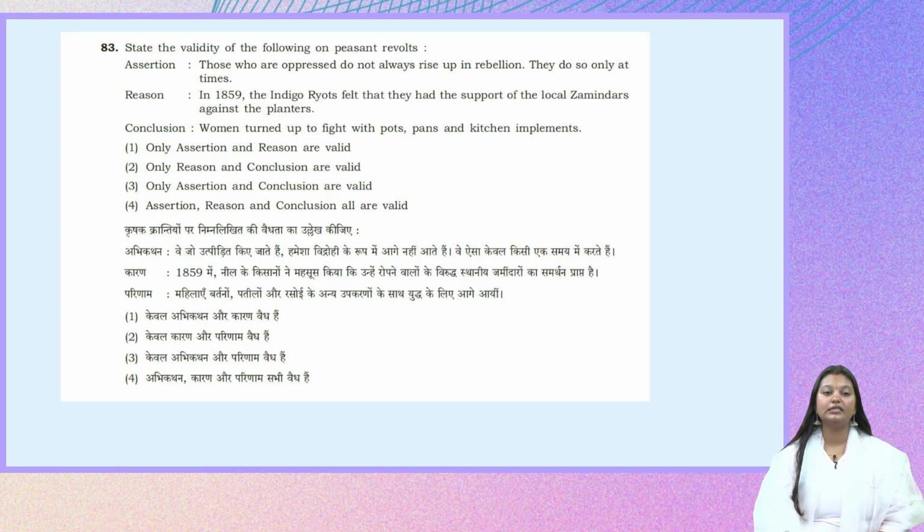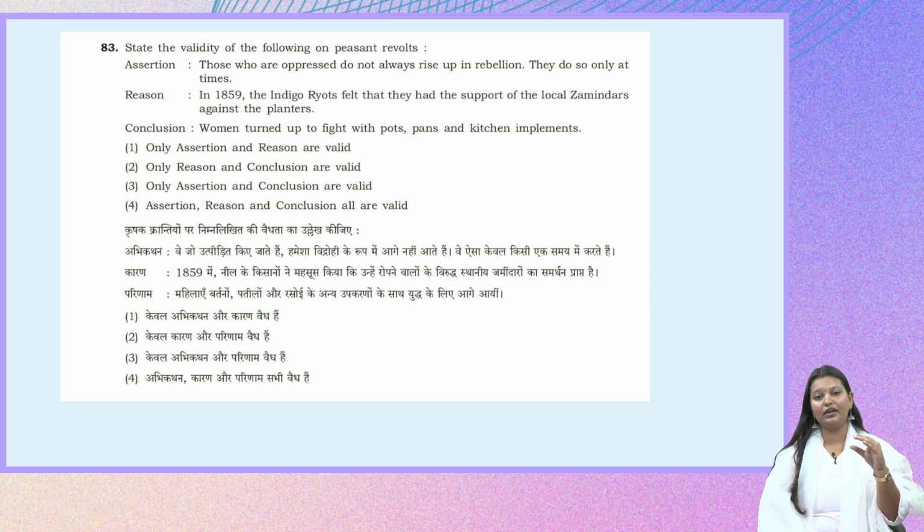The reason is in 1859, the Indigo rioters felt that they had the support of the local zamindars against the planters. The conclusion that is brought out from this is women turned up to fight with pots, pans, and kitchen implements. So, if you see, this is a different kind of question that they have asked here.